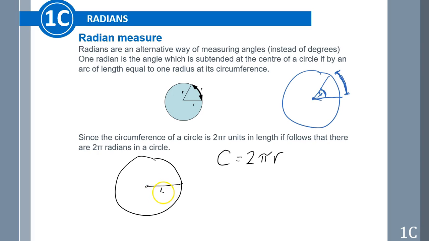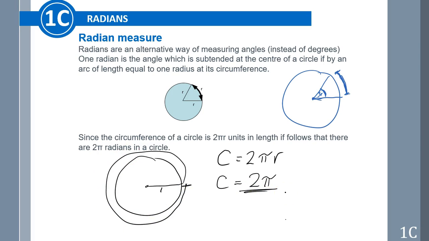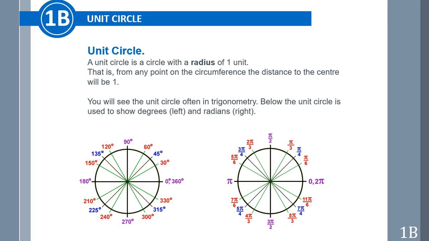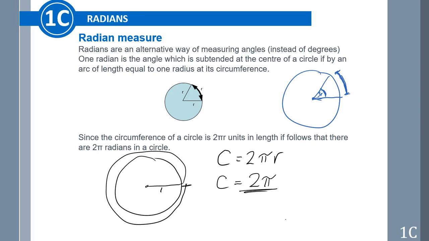If we use our 1 here as our radius, the circumference of a circle is 2 times pi times 1, which is just 2 pi. So the distance around the outside in radians is 2 pi, and we can see back on our slide that all the way around the circle, it's 360 degrees, or it's 2 pi. So we have seen it a little bit, but you probably didn't know where it came from.